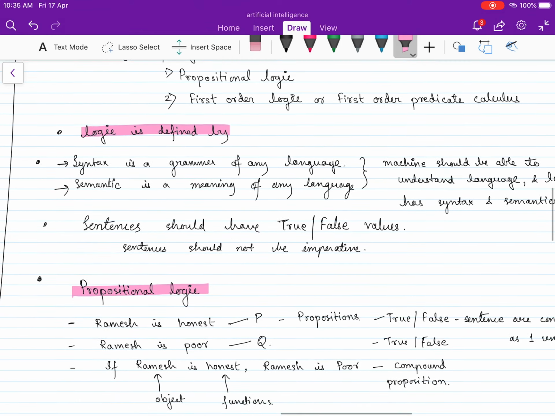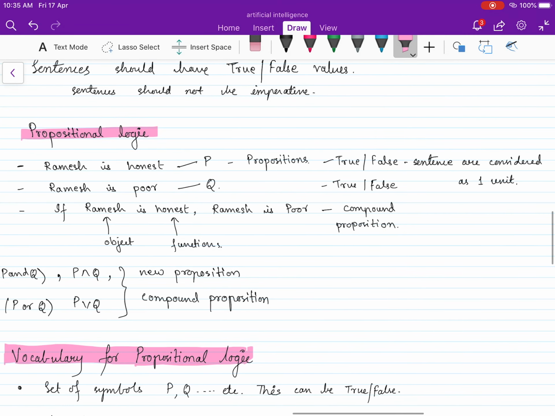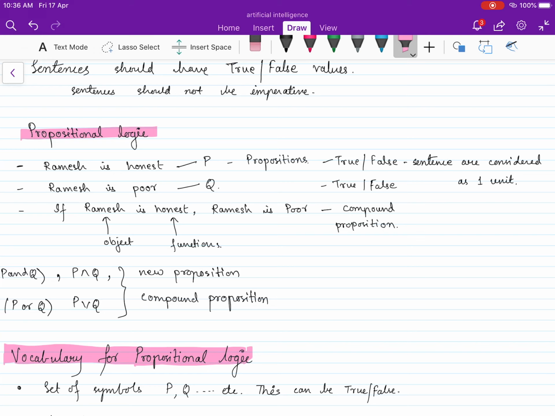Now moving to propositional logic. For example, we have the sentence Ramesh is honest. This can have either a true or a false value, and this small sentence is considered as one unit, and can be represented as P. And for example, we have another sentence, Ramesh is poor, so it can be true or false.